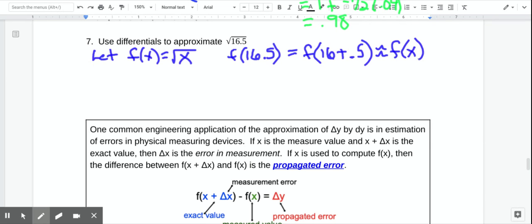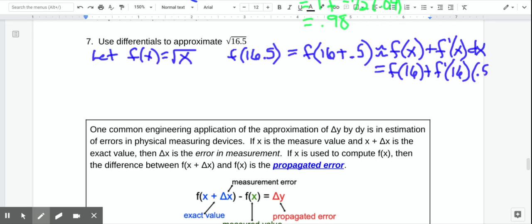We'll take our approximate at f of x plus the derivative at x times dx. So we want to find f of 16 plus the derivative at 16 times our dx, which is 0.5. So f of 16, that's just plugging it into our function.